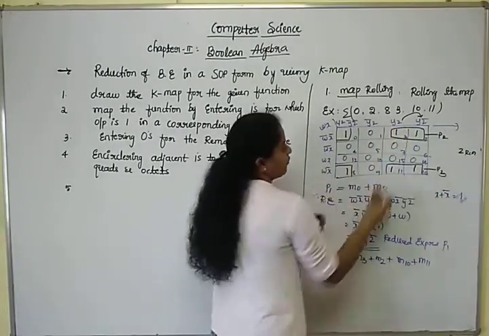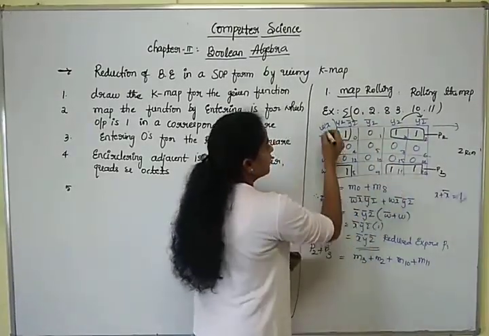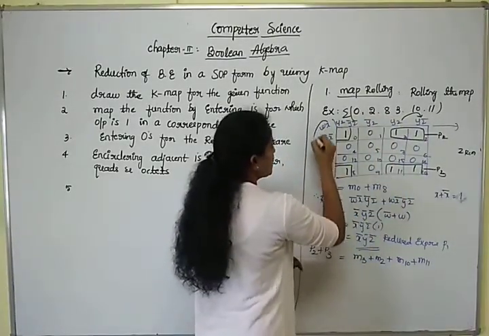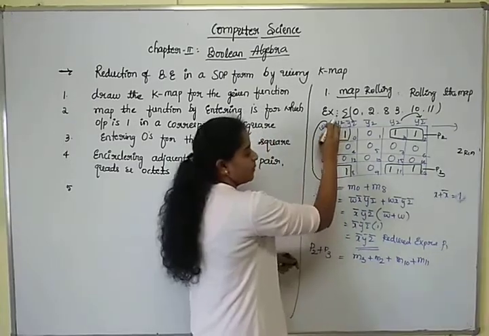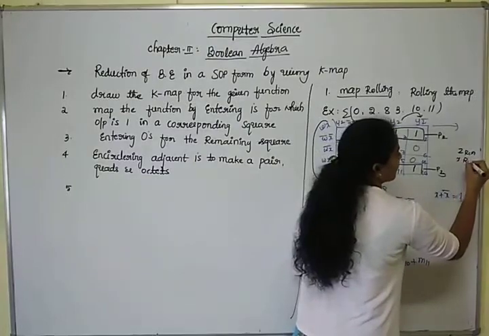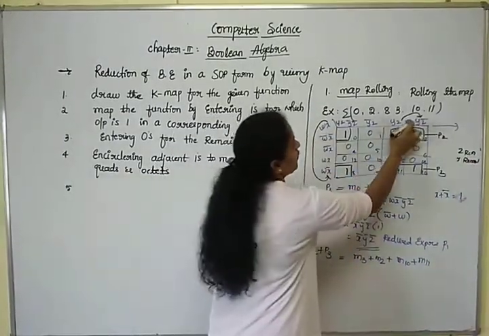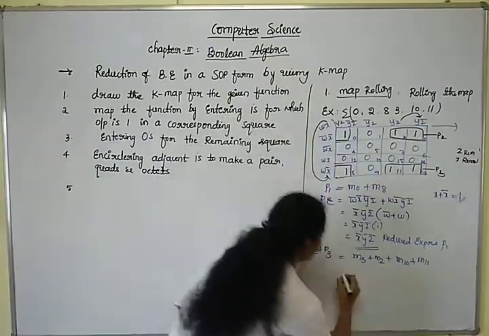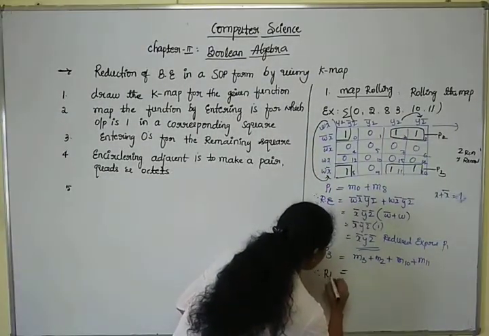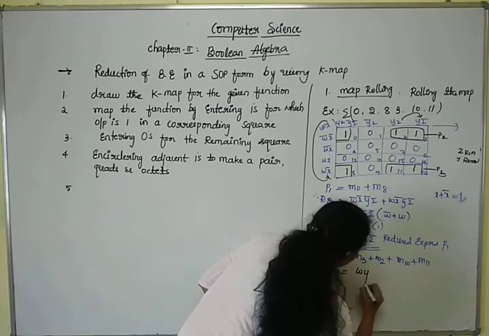When the map is rolling and moving vertically, the x changes its state from uncomplemented to complemented. So x is removed. Then we get only y and w. Therefore the reduced expression for this quad is w and y.